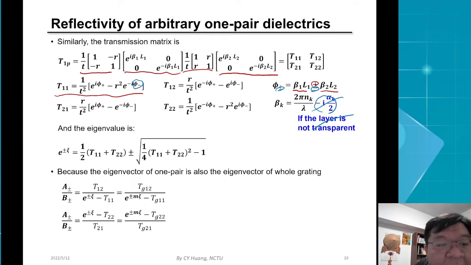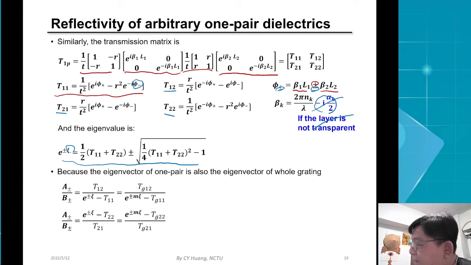Okay, so you have the T11, T12, T21, and T22. With such T1, you can substitute into this relation to obtain your Kc, although the expression is not so clean, but basically it can be calculated.